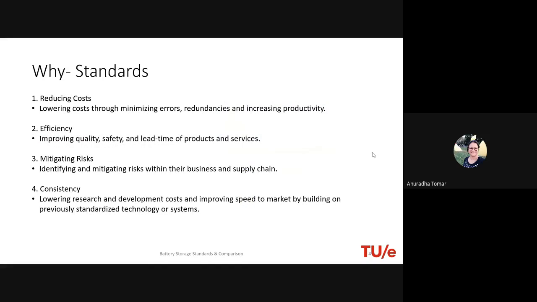As the first point, the standard reduces cost, through minimization of errors and redundancy, and it helps to increase productivity. How?